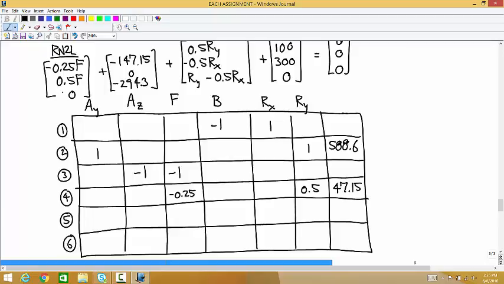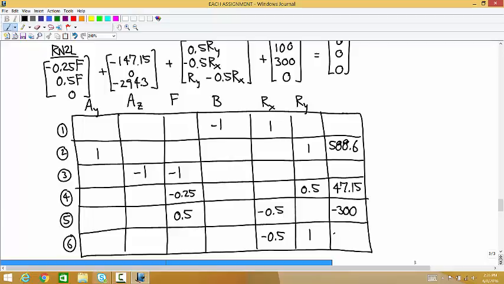Fifth equation, F's, we have 0.5. Our Rx's, we have -0.5. And constants, we have -300. And the last equation, our Ry's, we have 1. Our Rx's, we have -0.5.